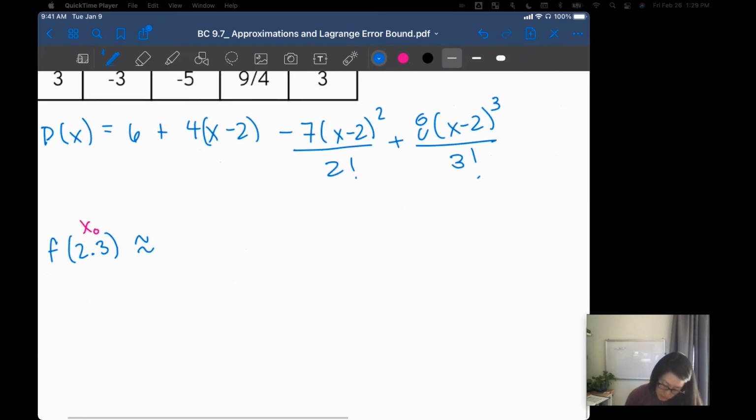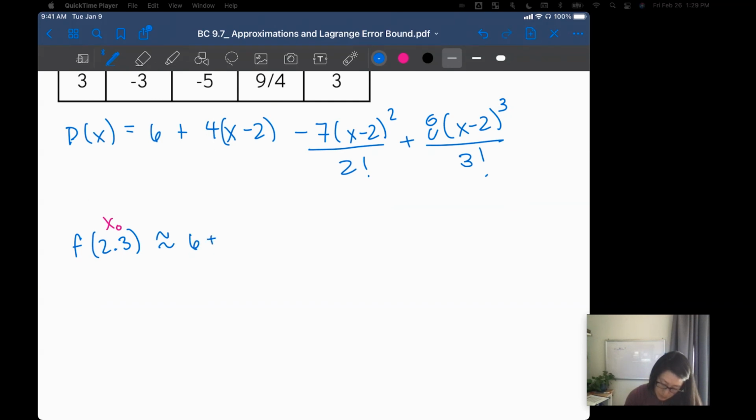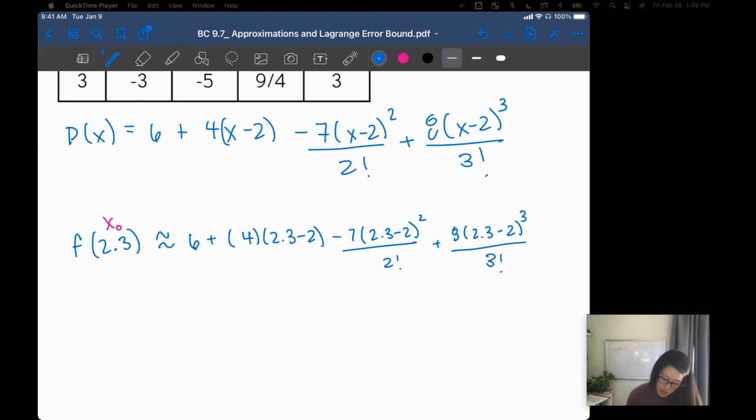Okay, so I'm doing 6 plus 4 times 2.3 minus 2, minus 7 times 2.3 minus 2 squared over 2 factorial, plus 8 times 2.3 minus 2 cubed over 3 factorial. And so f of 2.3, when I evaluate using my calculator, is 6.4921. Okay, so that's about how much it's equal to.